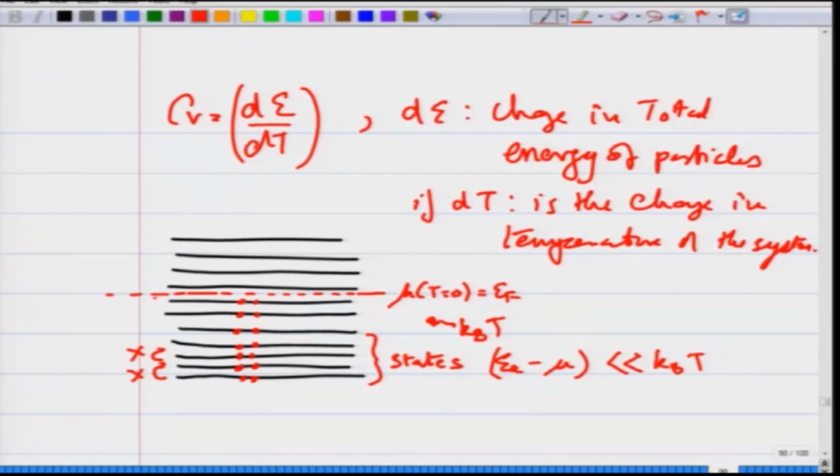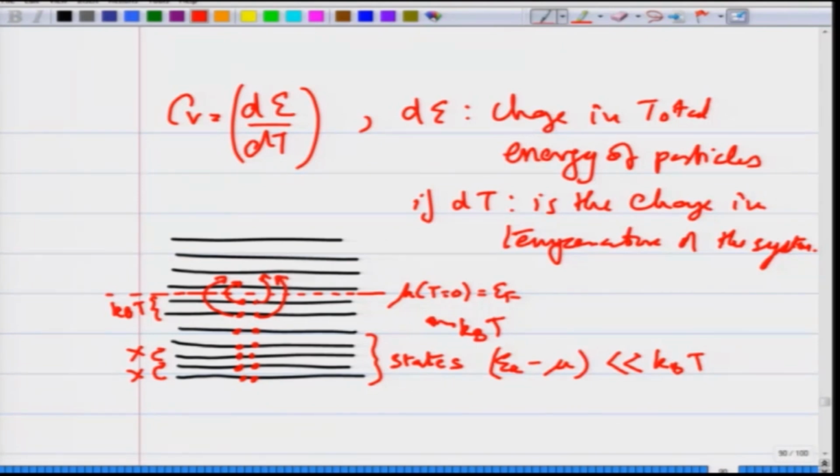Only the states which are within kBT of the Fermi energy, these states can be excited and taken to higher energy states, and only these are the ones which can absorb energy and can change.